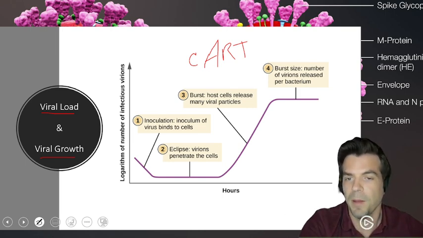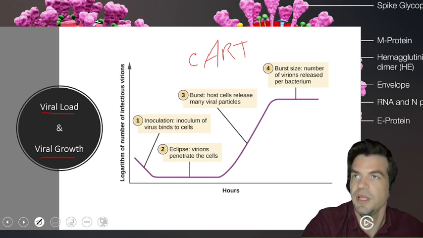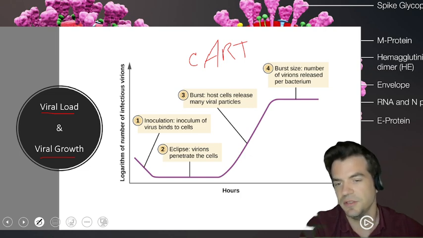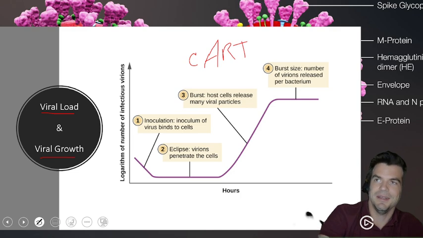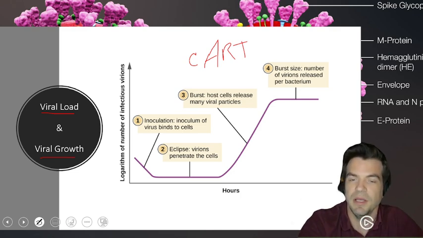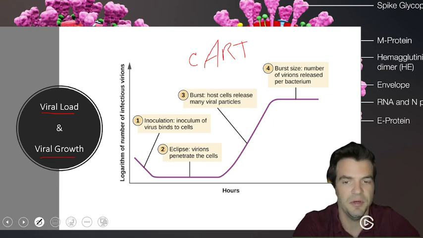But how that's related to this chart in front of us is almost exactly how it would go if you removed yourself from antiretroviral therapy.